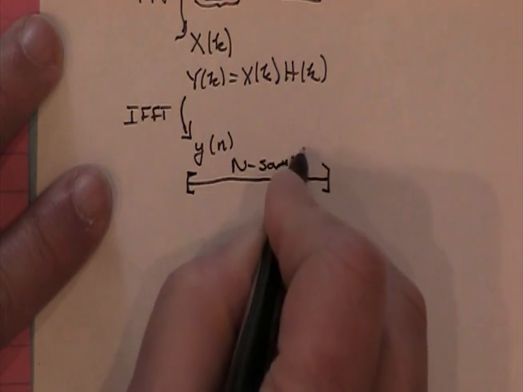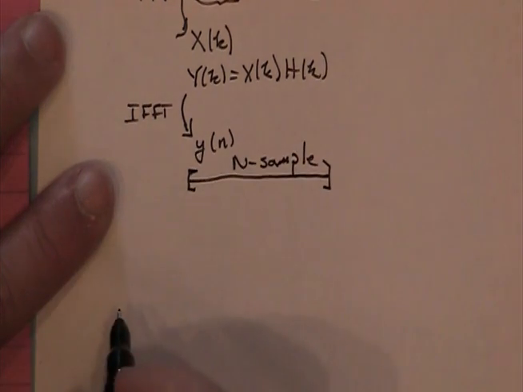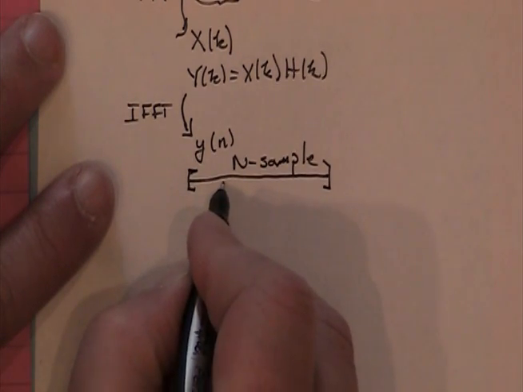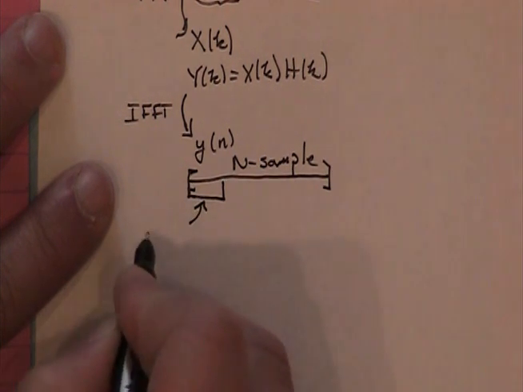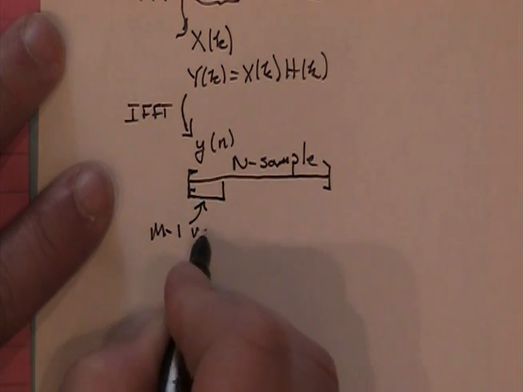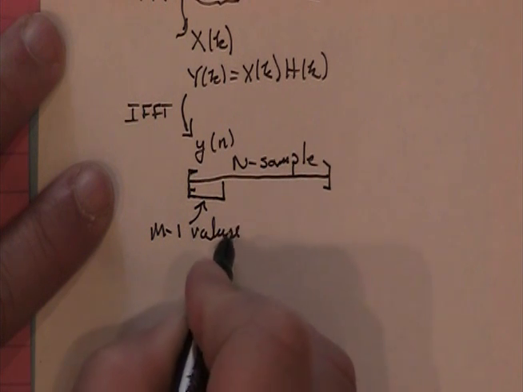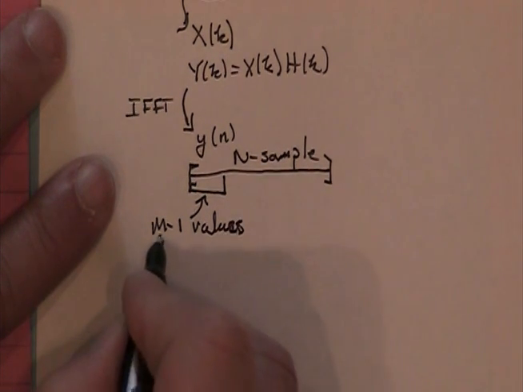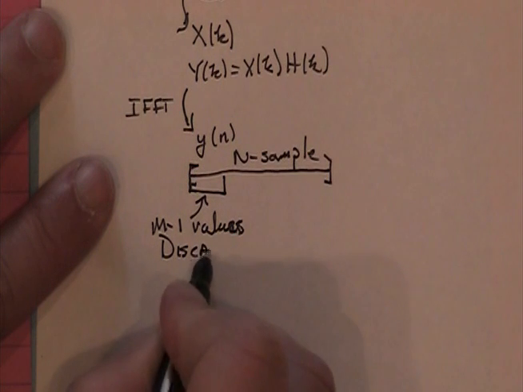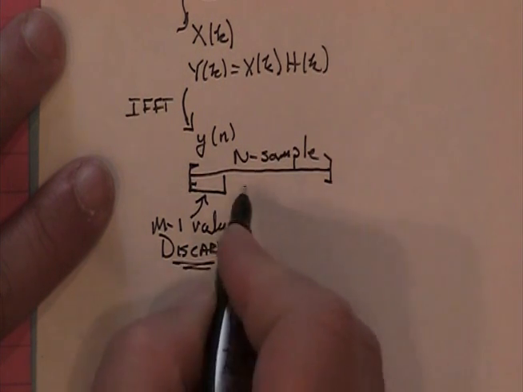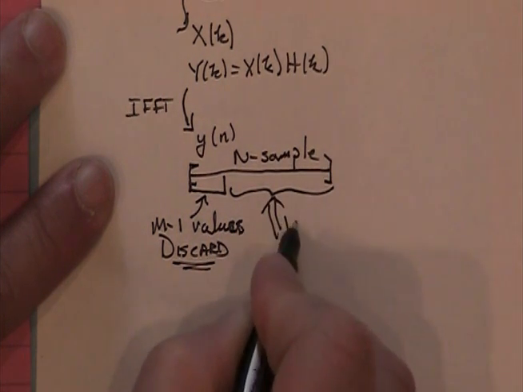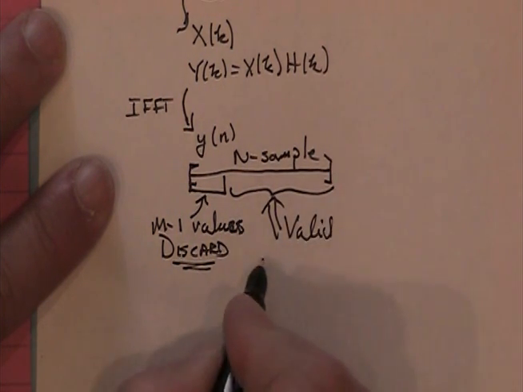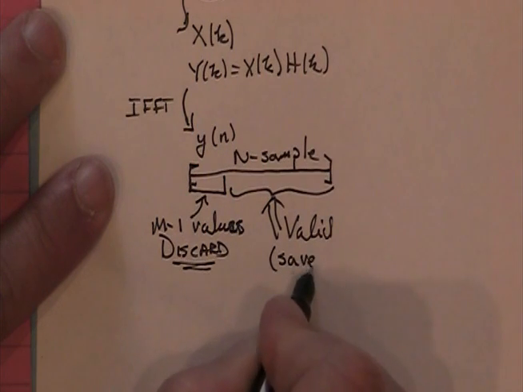It's an n sample inverse transform, but I have to understand these m-1 values I'm going to discard. And this, I'm going to say that's valid, and that's what I'm going to save, right?